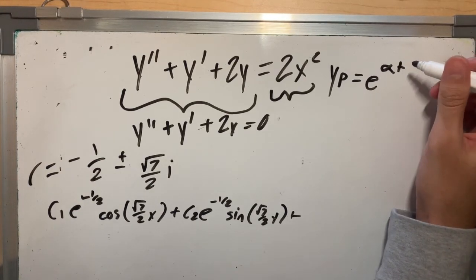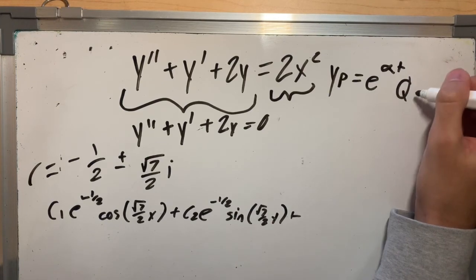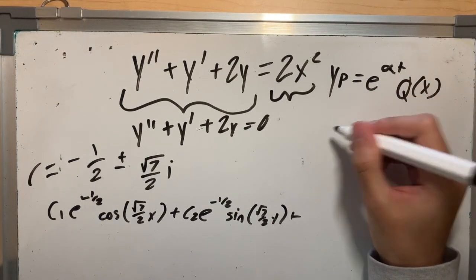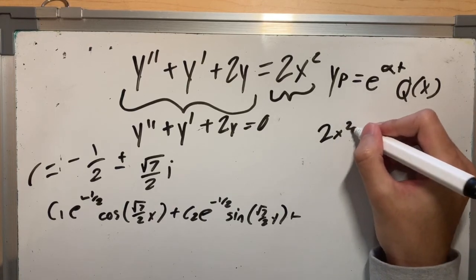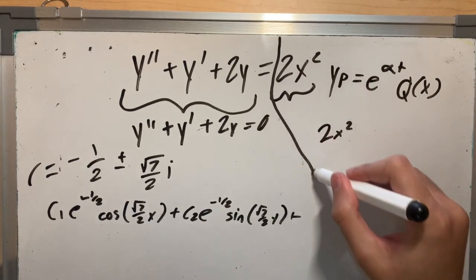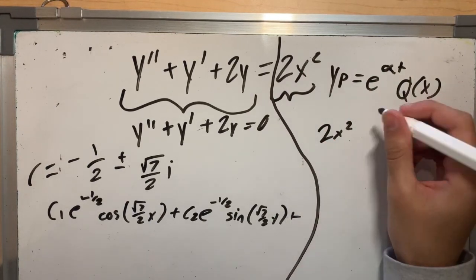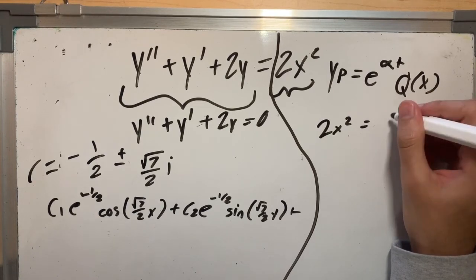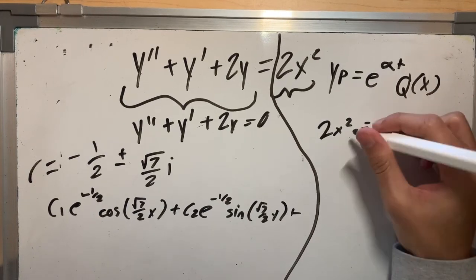So e to the power of this times q of x, which is just a function. So we equate these two, we put 2x squared, I'm just gonna draw a line right here, 2x squared is equal to e to the power, there's no e in here.